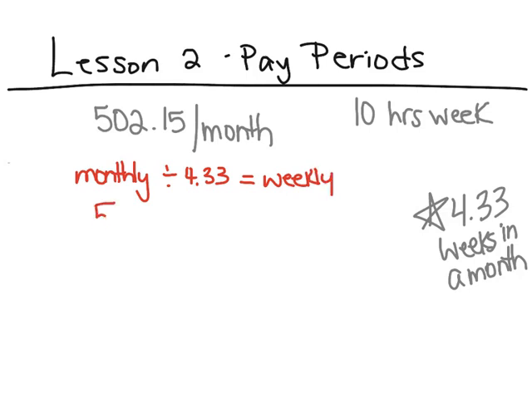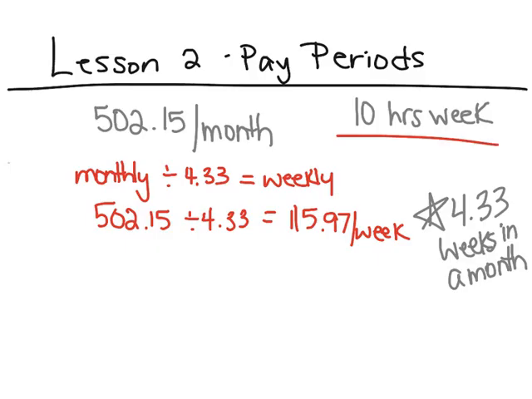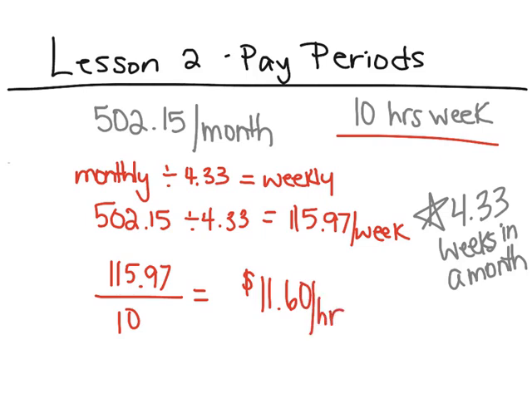So we'll take $502.15 divided by 4.33, and we get 115.97 per week. Now in her week, she works 10 hours. So per week, we take 115.97 divided by 10 hours, and we find her rate to be $11.60 per hour.